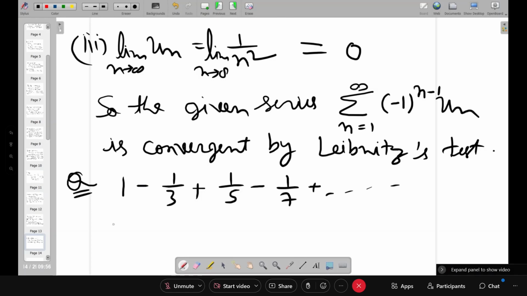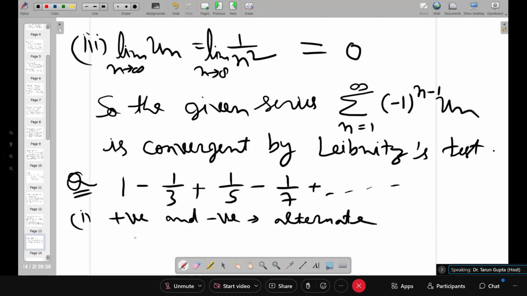So here also alternate positive and negative terms are there, and terms are numerically decreasing also. The first one is positive and the negative sign alternates, and the terms are numerically decreasing.